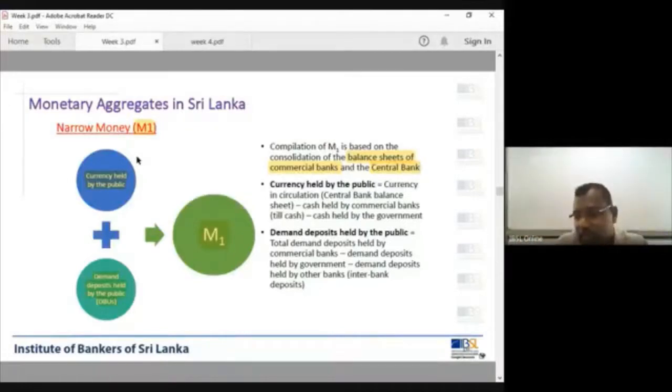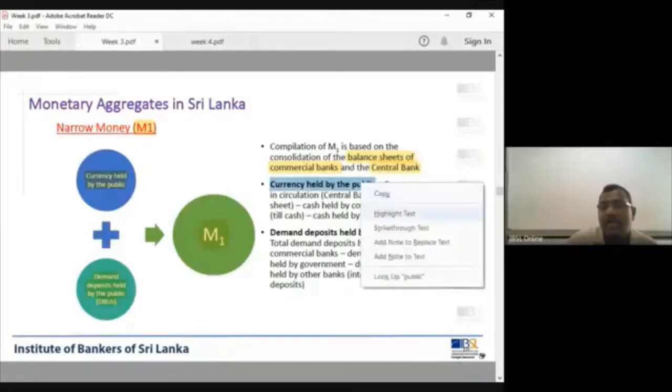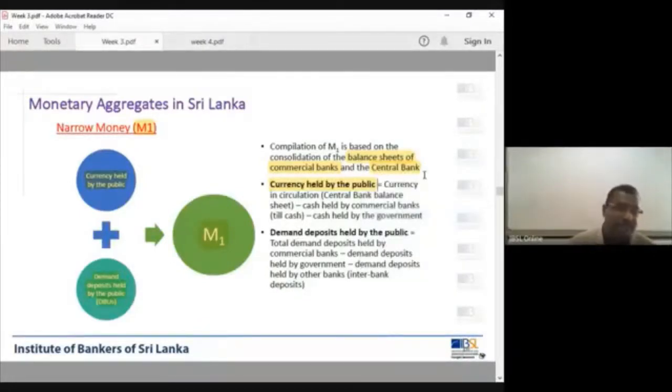Now I am telling you some tips related to calculations. We have to be clear and very accurate in the calculation. Now look at this term, currency held by the public. Is it the same as reserve money? Do you think it's the same or different? In reserve money also we have currency, remember?